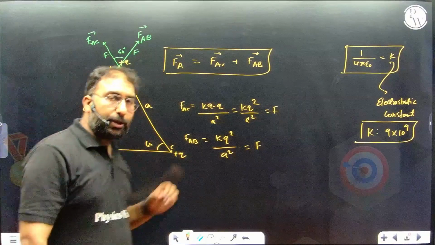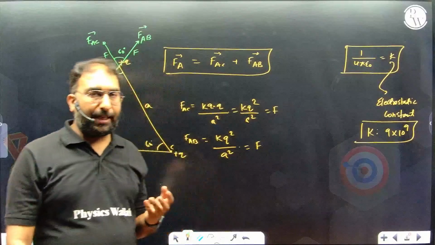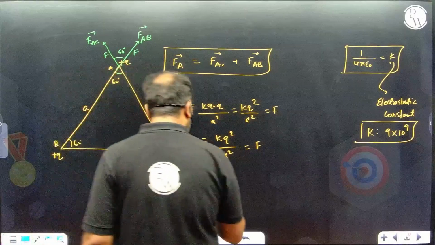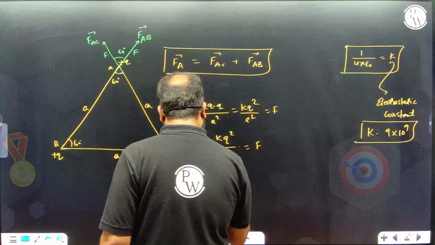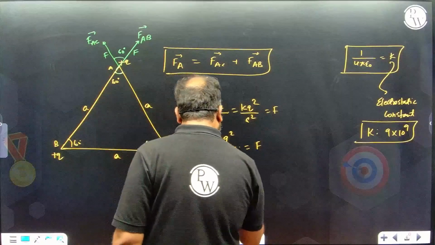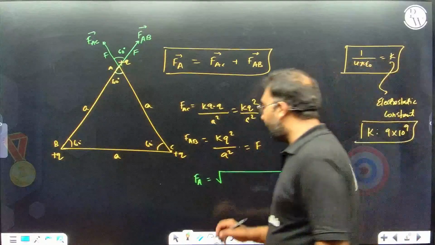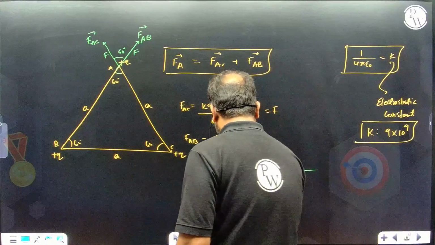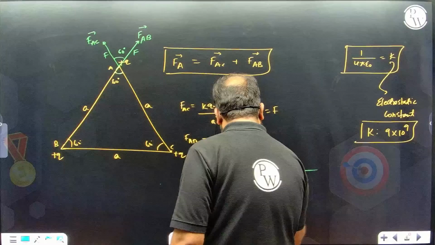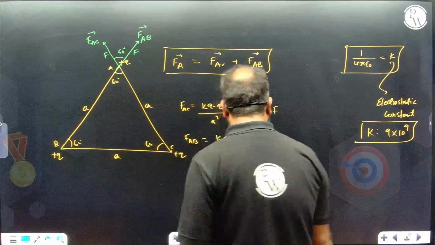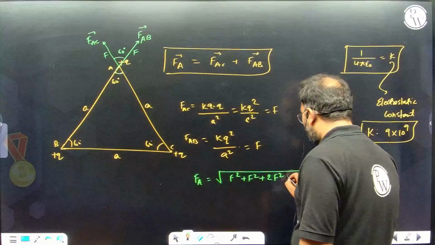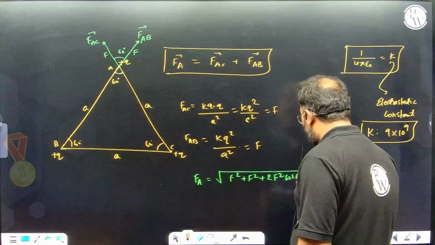So just by using the concept of vector addition, I can find the resultant of these two forces. The resultant force FA will be under root of A square plus B square plus 2AB cos theta. So this is F square plus F square plus 2F into F, that is 2F square into cos of 60 degrees.